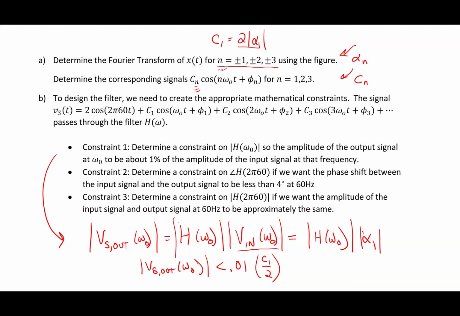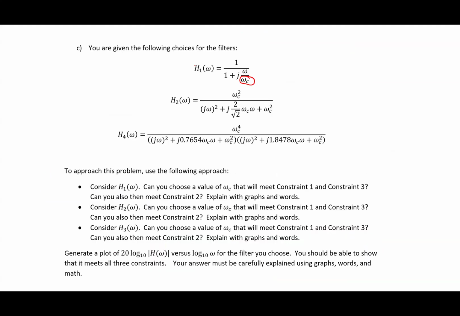Okay. And then what I basically do is I go in and attempt each of these particular filters to see if it's possible for me to choose a value of omega C that will meet constraint 1 and constraint 3.